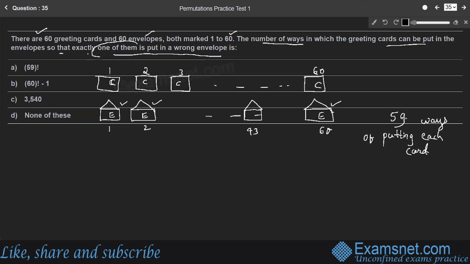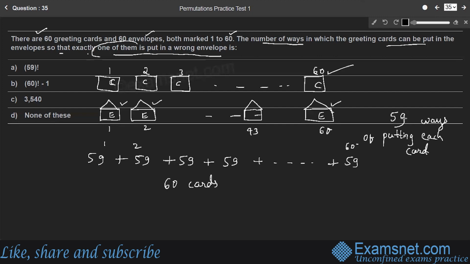So totally there are 60 cards. If for each card there are 59 ways, so for the second card also there are 59 ways, for the third card also 59 ways, for the fourth card 59 ways, up to the 60th card there are 59 ways. So there are 60 cards into 59 ways. Totally, there are 60 into 59 ways.